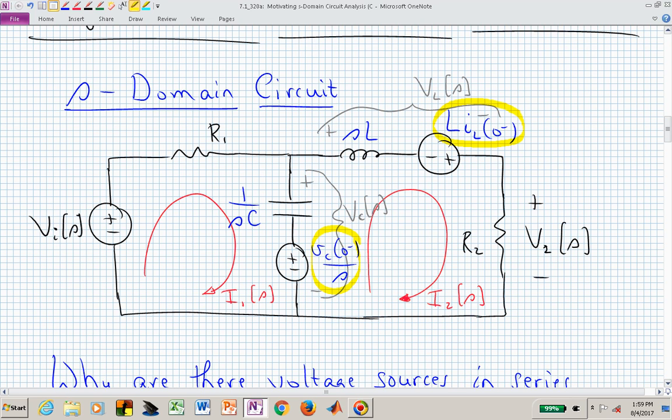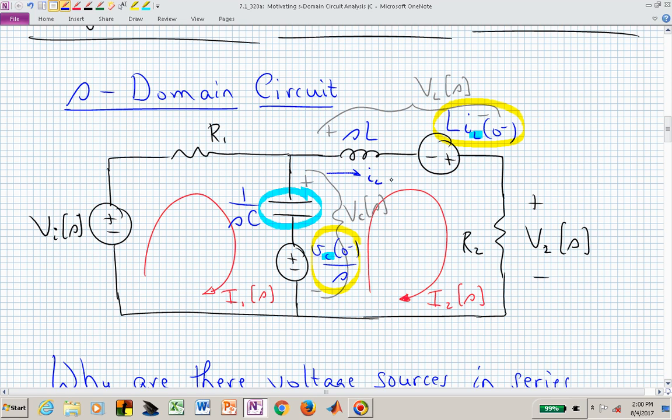Those expressions actually contain initial conditions on the energy storage elements. We have an energy storage element here in the capacitor, and that capacitor's initial voltage makes up the expression for the voltage source there. And here we have the inductor current, and we would need to define what that inductor current was.